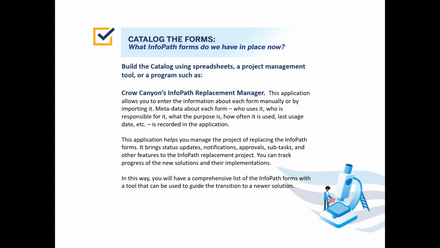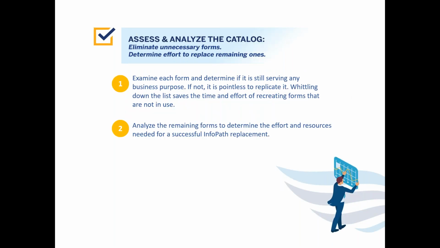But so that's one way to do it, is you get the list of forms, either manually, and then you can manage the project of replacing them quite nicely using the project manager if you happen to have a large number. And part of the management of it is to know what you want to eliminate. I already talked about this a little bit. Basically, you want to assess and analyze and eliminate the unnecessary forms and reduce your work. Use your time and resources most effectively on the most critical forms, which ones are absolutely required.